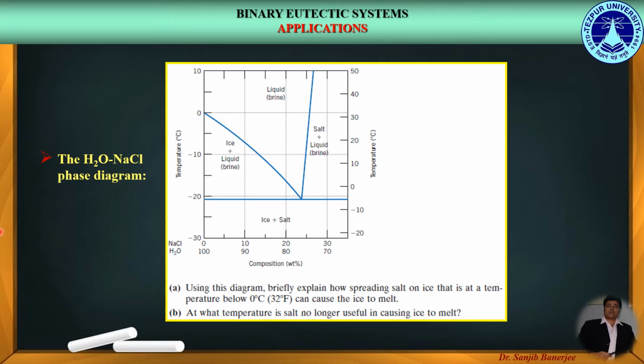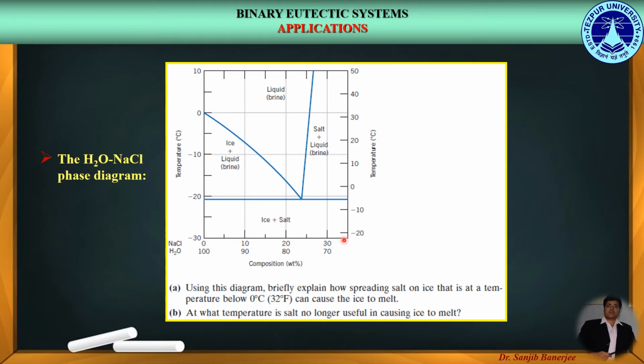In the second part of the problem, we have to evaluate at what temperature salt is no longer useful in causing ice to melt. Here we can see that below a certain temperature, under minus 20 degrees centigrade, everything is ice plus salt irrespective of the salt concentration.